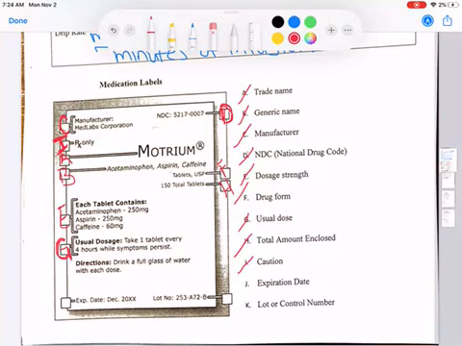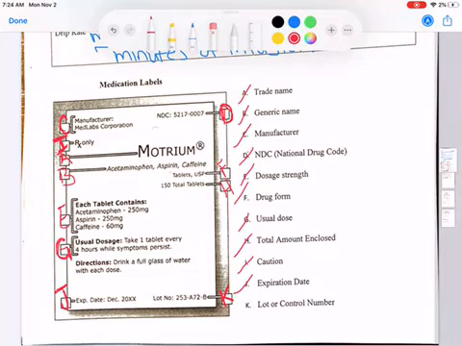All medications do have an expiration date, usually located at the bottom, right there. And across from the expiration date is our lot or control number again. Everything has to be accounted for, so there's a code for everything. Go ahead and pause here if you need to. Let me know if you have any questions.